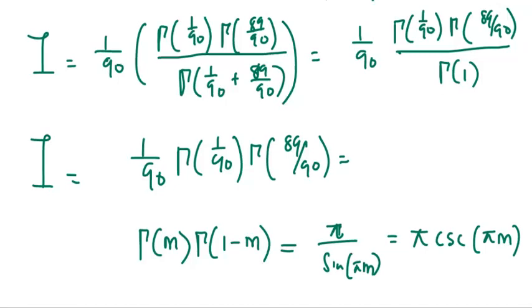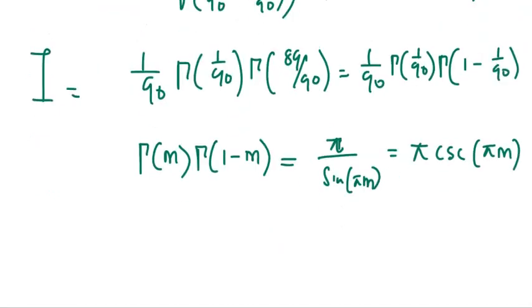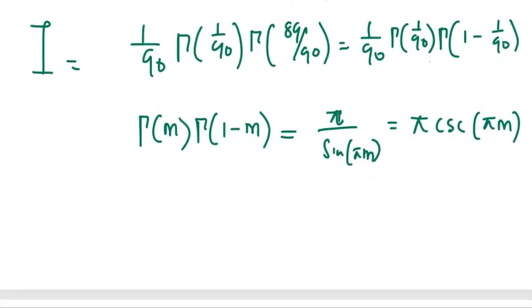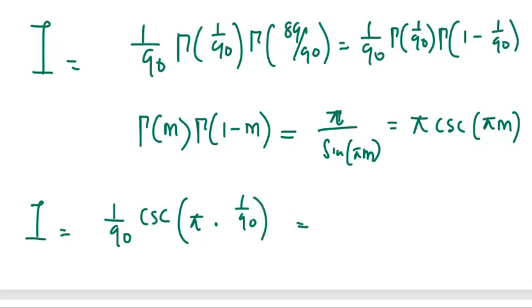So here we can actually write this as 1 over 90, the gamma of 1 over 90, the gamma of, this is the same as 1 minus 1 over 90. So you see, now using the Euler reflection property, this is equal to 1 over 90 multiplied by pi times the CSC of pi multiplied by 1 over 90.